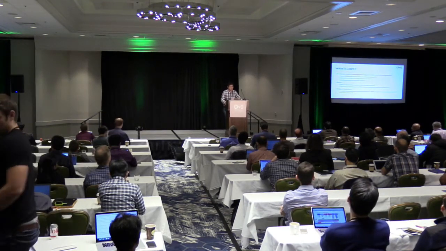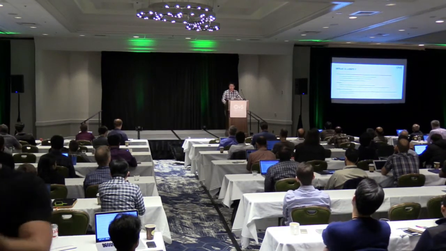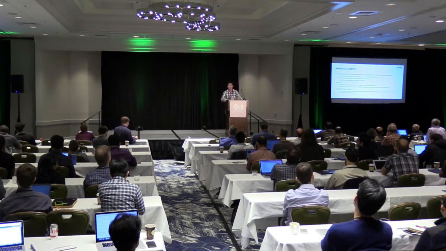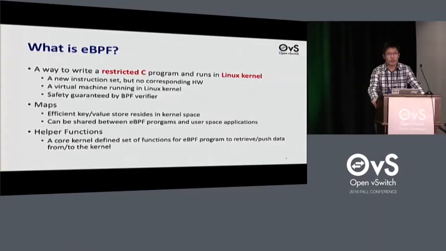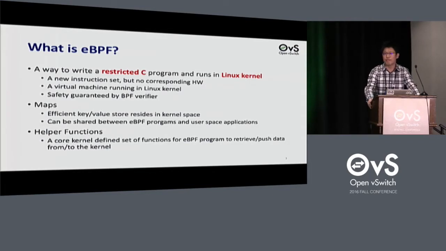You can think of BPF as just writing a restricted C program that you can run inside a Linux kernel. The difference is that compared to writing a Linux kernel module, which exposes to you so many Linux kernel data structures and could potentially introduce a bug or crash the kernel, writing an eBPF program is safe.